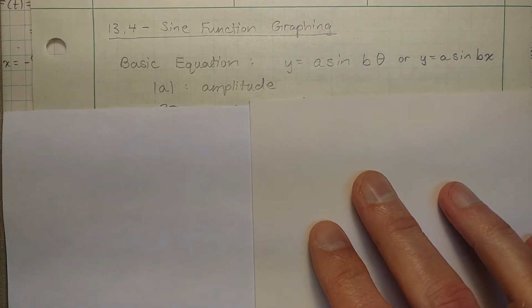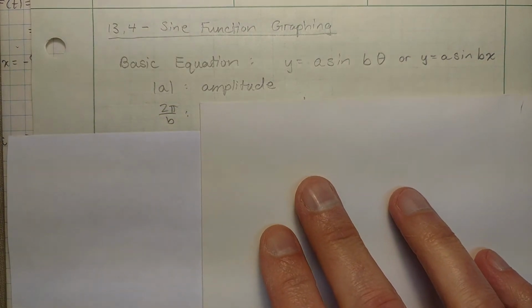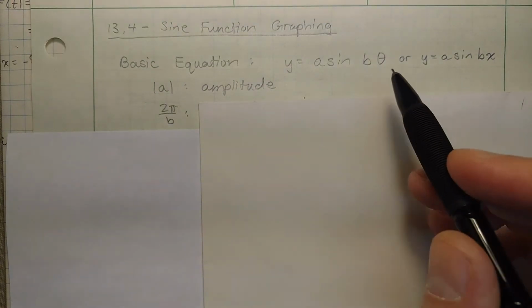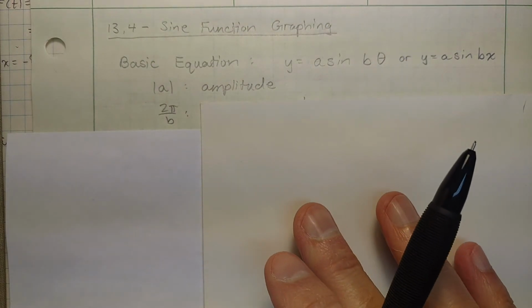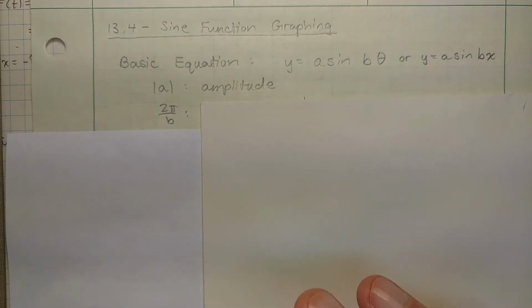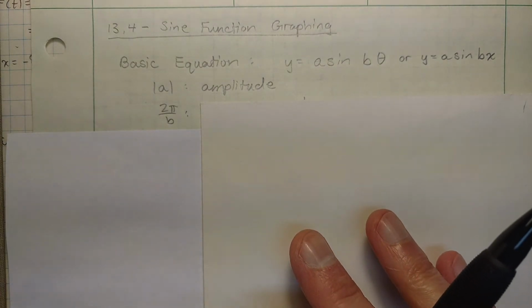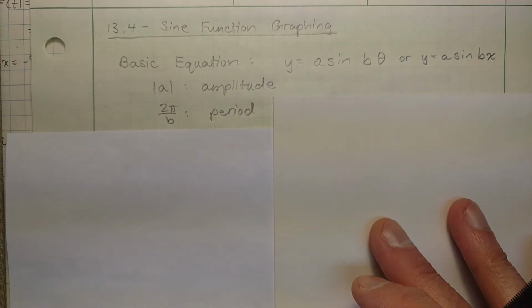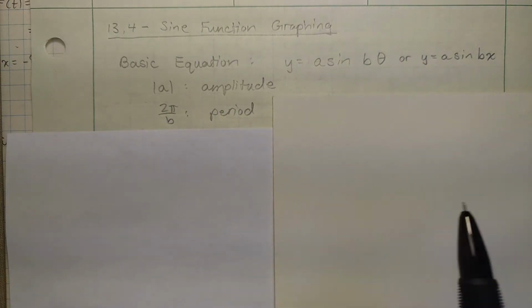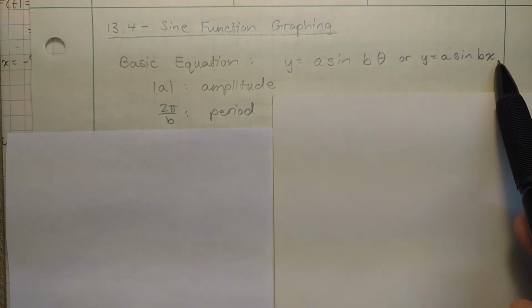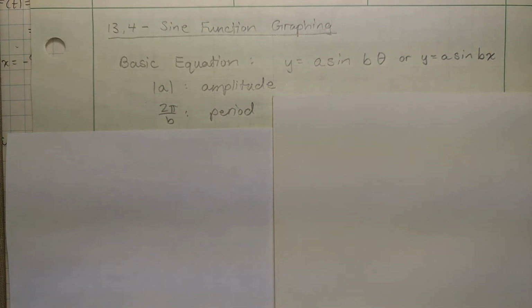The next thing that we look at is b, we consider the horizontal stretch or shrink that's happening. And one way of describing that, since this is a cyclical function, is we can look at 2 pi over b, that is the period, that is how long, in other words, what length measured in the theta or the x variable, does it take to make a complete cycle.